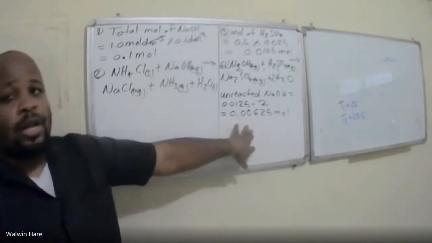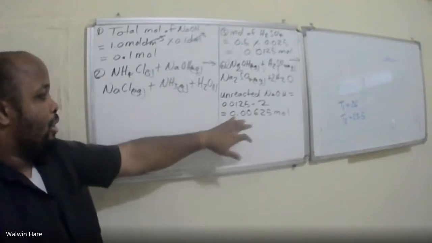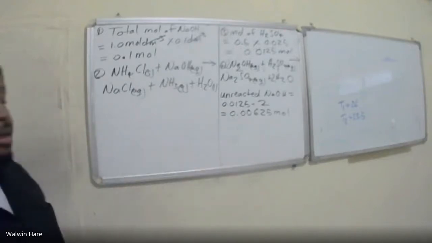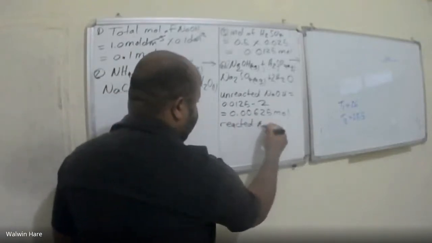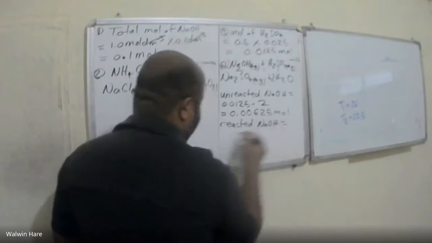All right, what should happen after I find the unreacted moles of NaOH? You can minus it from the total to find the reacted. Right. So the reacted NaOH is equal to 0.1 minus 0.0125.